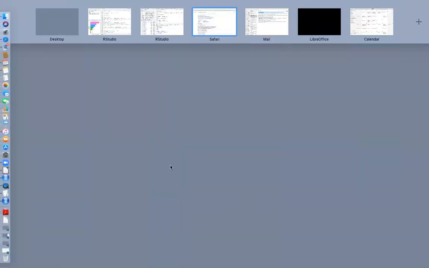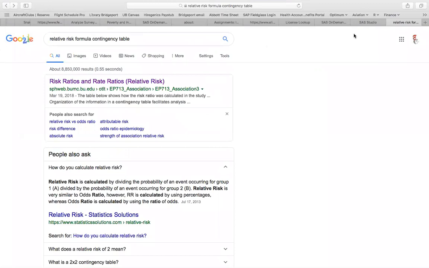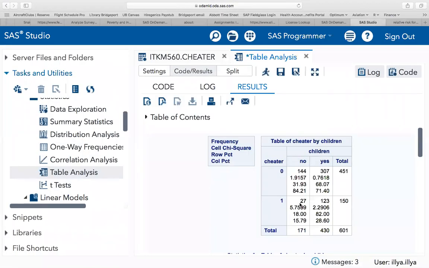So back to this. It depends on how your test is set up. So, the way this test is set up, what is the risk of cheating if you don't have children? 16%. Okay?